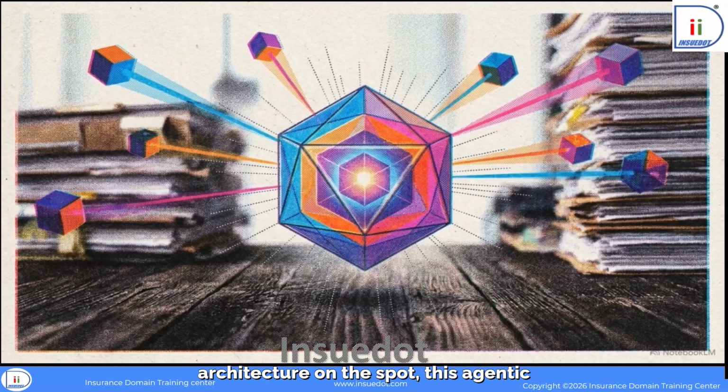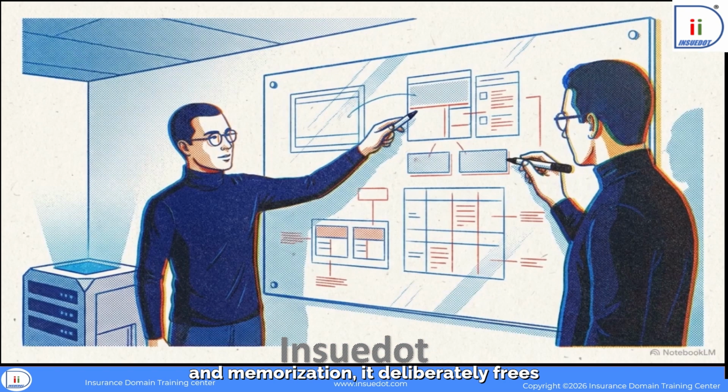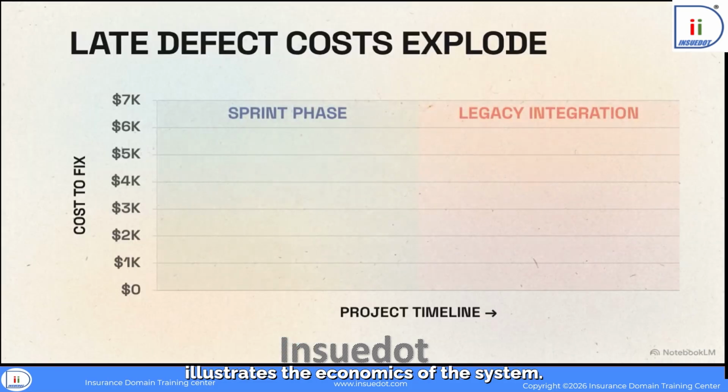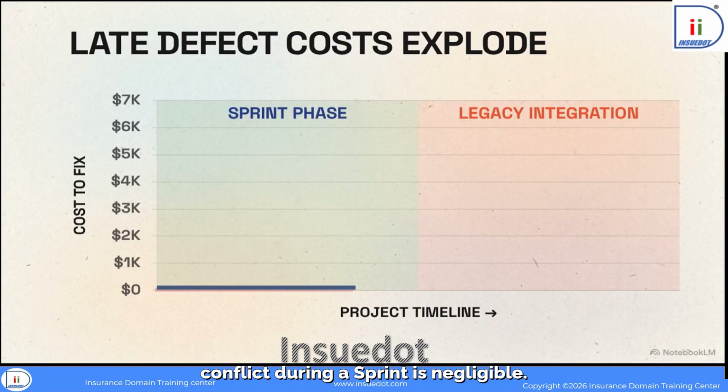This Agentic AI operates entirely as a partner. By handling the rote cross-referencing and memorization, it deliberately frees human business analysts and architects to focus on strategy, negotiation, and complex problem-solving. This chart illustrates the economics of the system. The cost of catching a requirement conflict during a sprint is negligible.